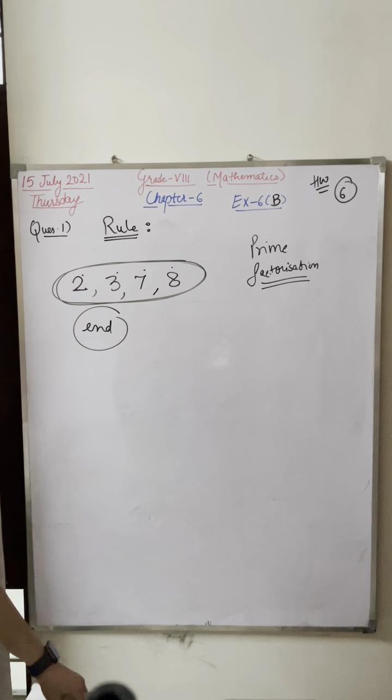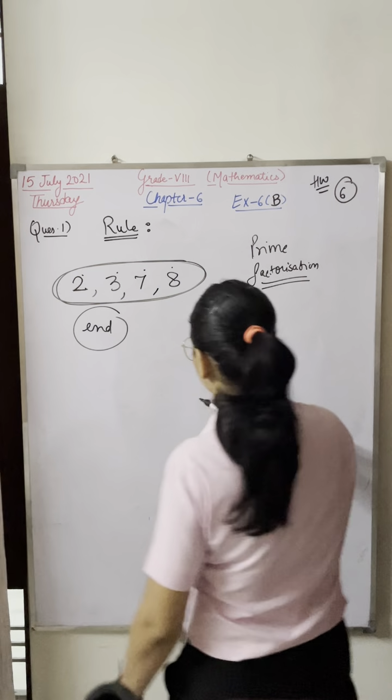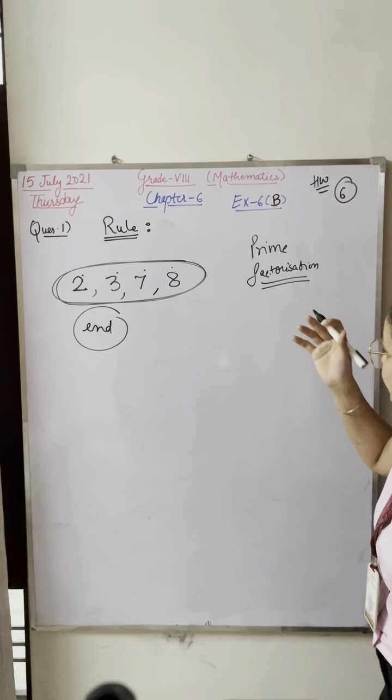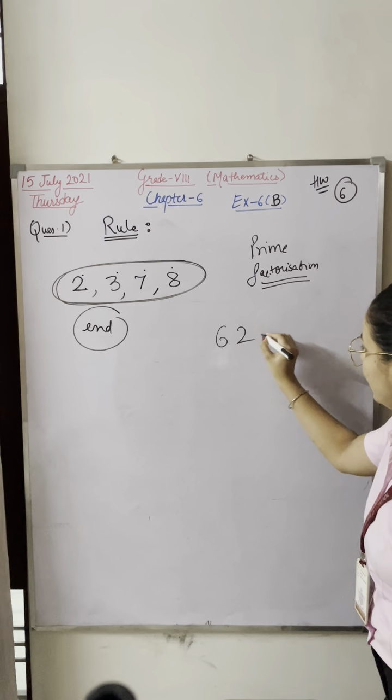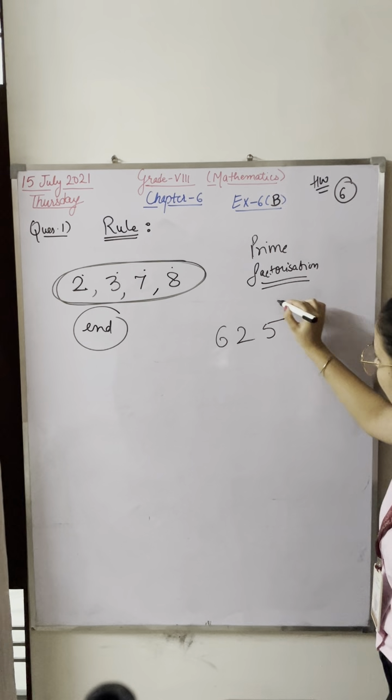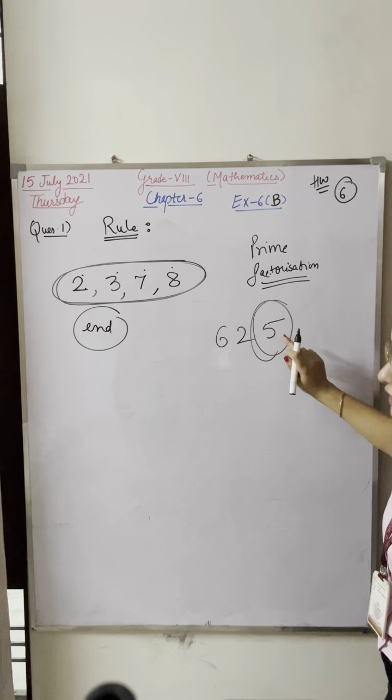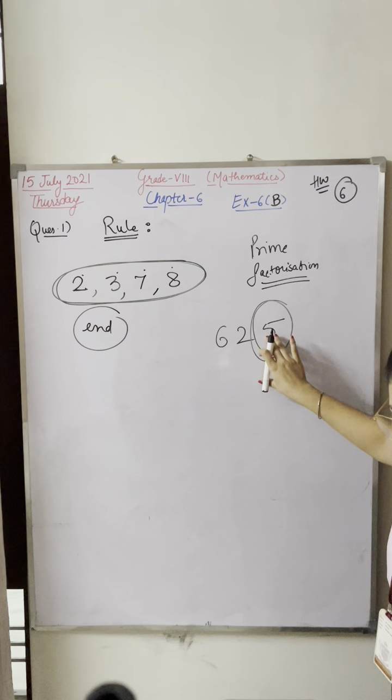Suppose I have written the answer here, 625. Find out the last digit. Last digit is 5, so it will be a perfect square.